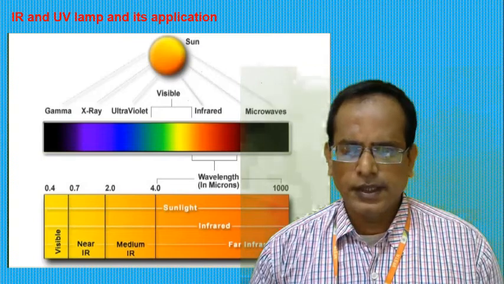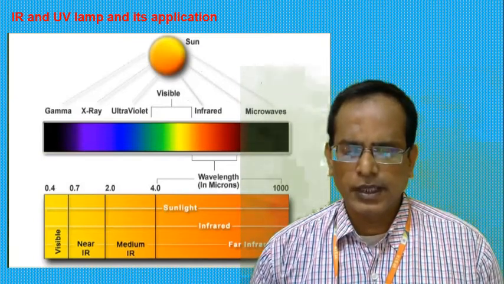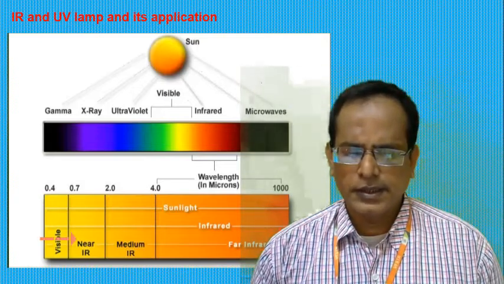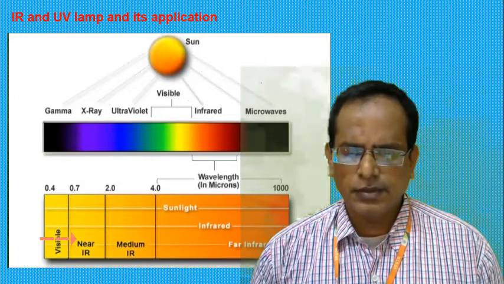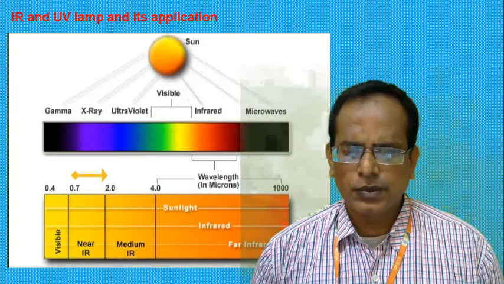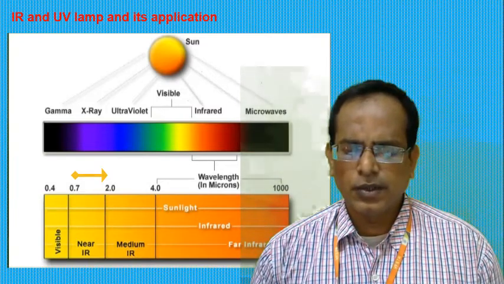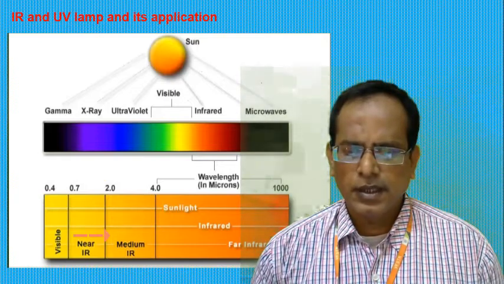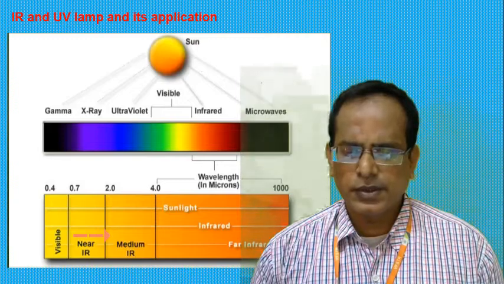Infrared rays are put into two kinds of categories. One is near infrared rays, where the wavelength is in microns from 0.2 to 2 microns, and the medium is 2 to 4 microns.